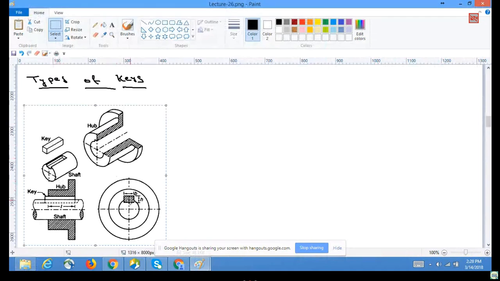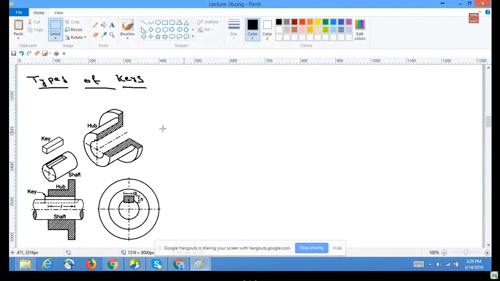So if you look from the kind of this side view, then you can see this, the outer one is the hub and the inner one is the shaft, and this key, which is rectangular in nature, will sit in this slot. Okay, so this is the shaft, this is the hub, and you have a keyhole where the key would kind of sit.